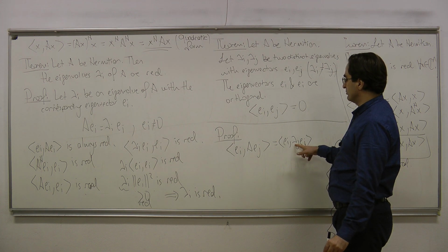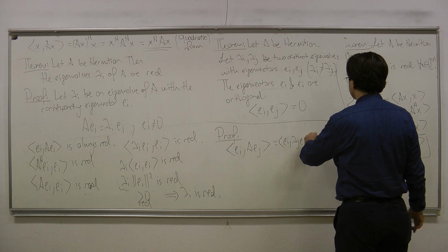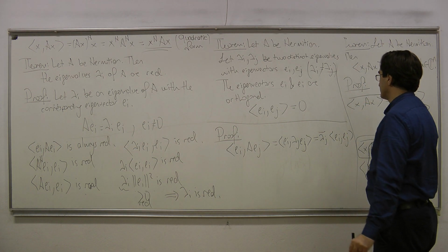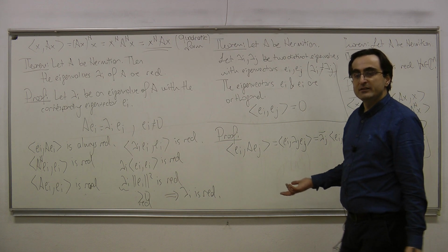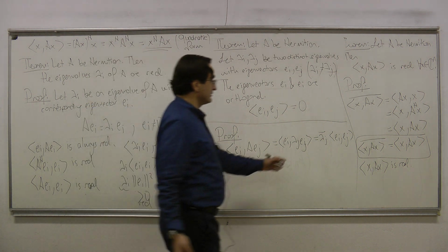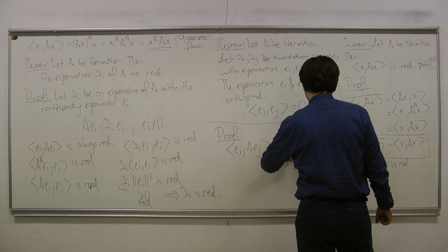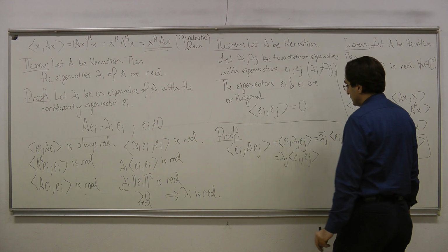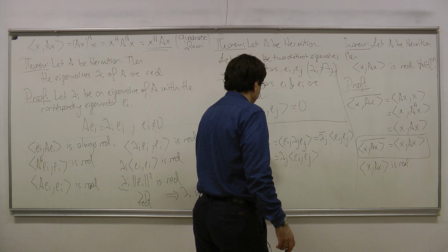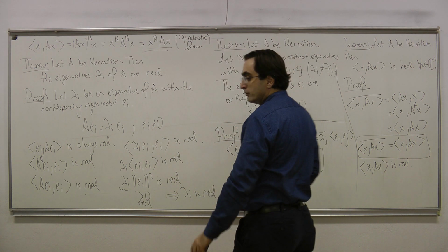This is in the second argument, so I can take lambda J out directly. But we have already seen that the eigenvalues of a Hermitian matrix should be real. That means lambda J complex conjugate is equal to lambda J itself. So this is my first equality: EI, AEJ is equal to lambda J times EI, EJ.